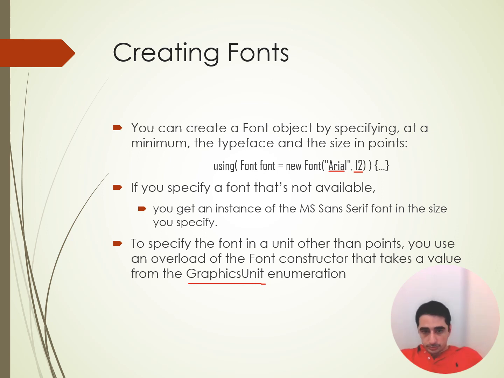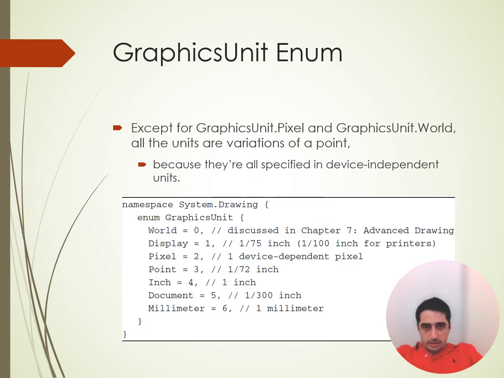Now, if you specify a font that is not available and you try to create it, then you get an instance of the Microsoft Sans Serif font in whatever size you have specified. Here you can see the GraphicsUnit enum and all the items that are in there.